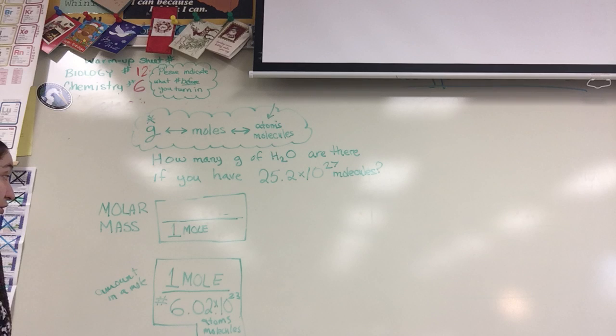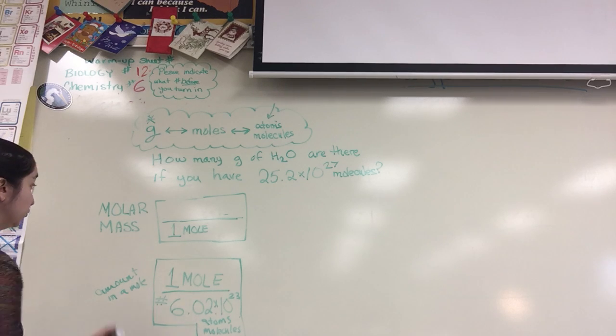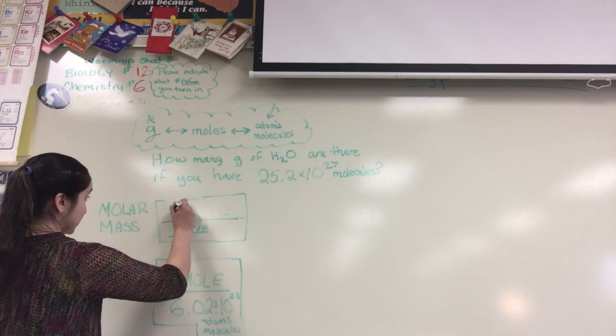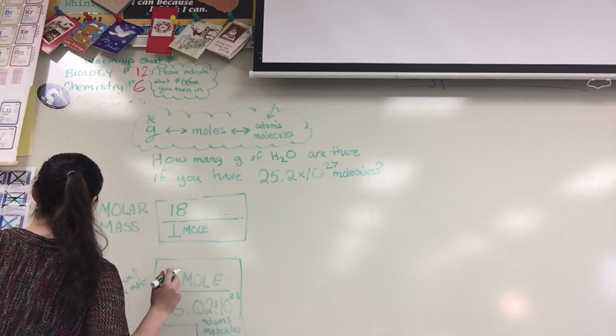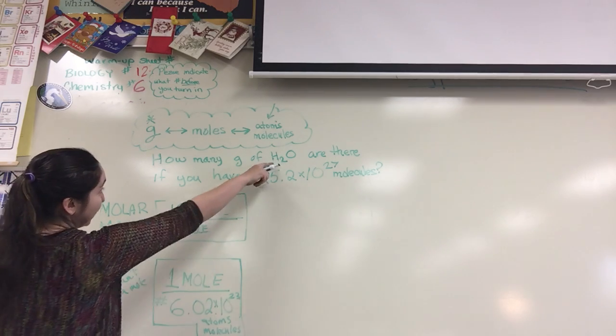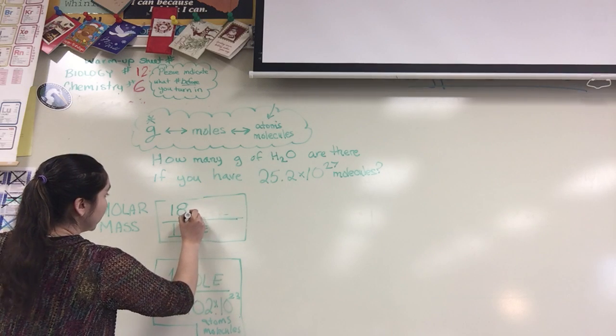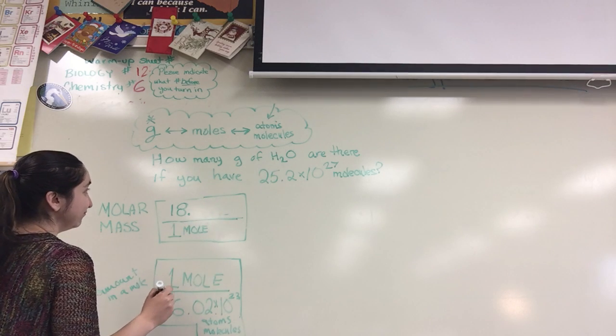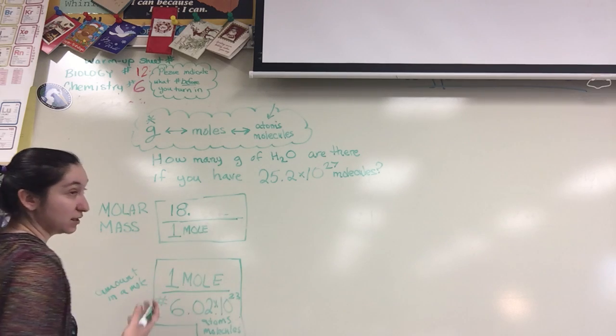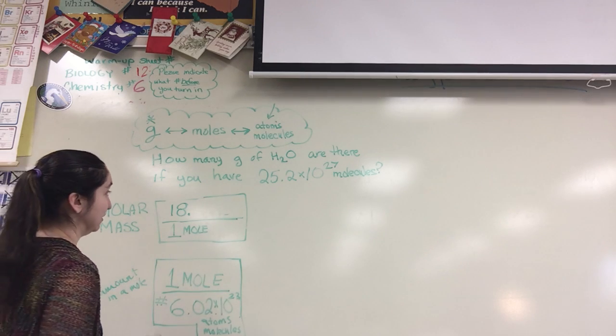I'm going to go ahead and calculate the molar mass for water, which you should get around 18. I'm pulling that: there are 2 hydrogens, 1.008 or 1.01 depending on your periodic table, and you have 1 oxygen, 16.00 or 15.99.